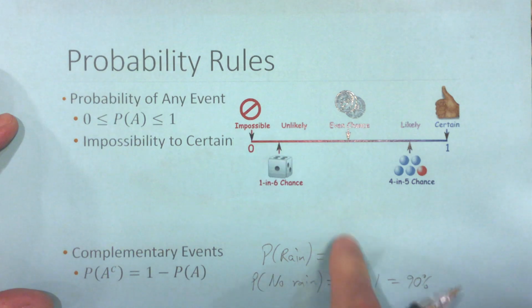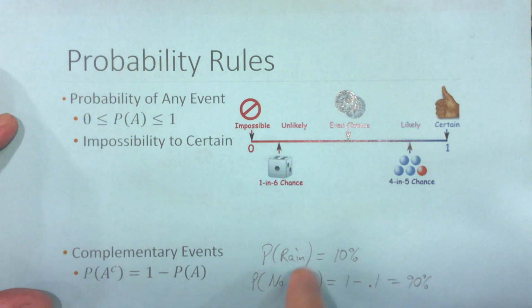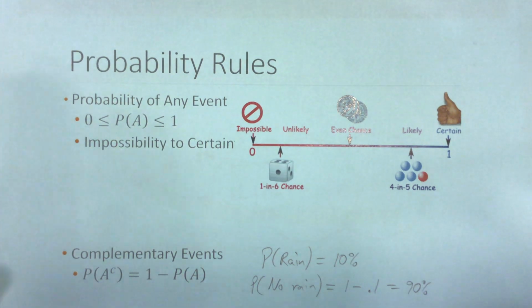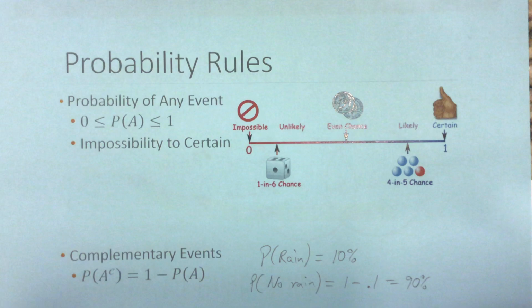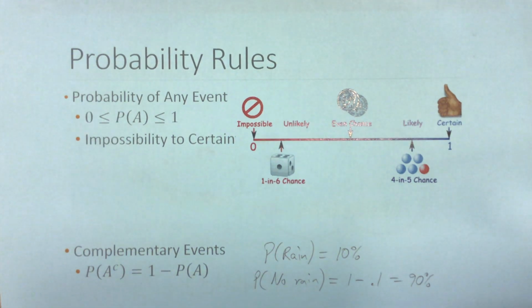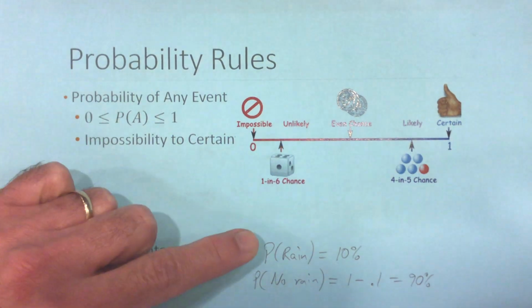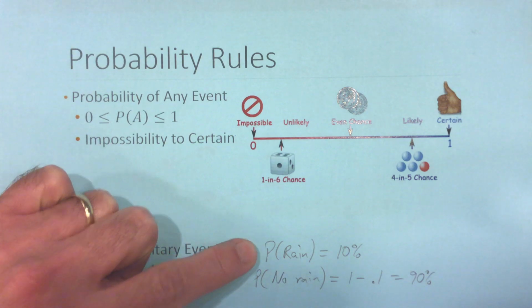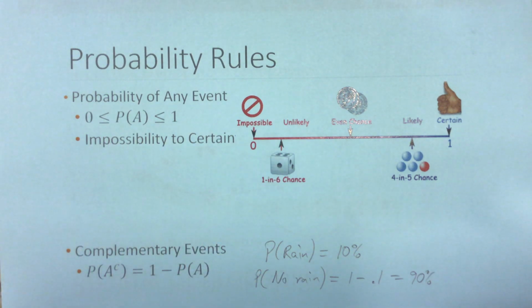That concept is complementary events. Raining and not raining are complementary. It has to do one or the other. Well, I guess there's snowing, but the idea here is complementary events cover the whole sample space, so their sum is 1. For example, instead of rain, I could talk about test grades.